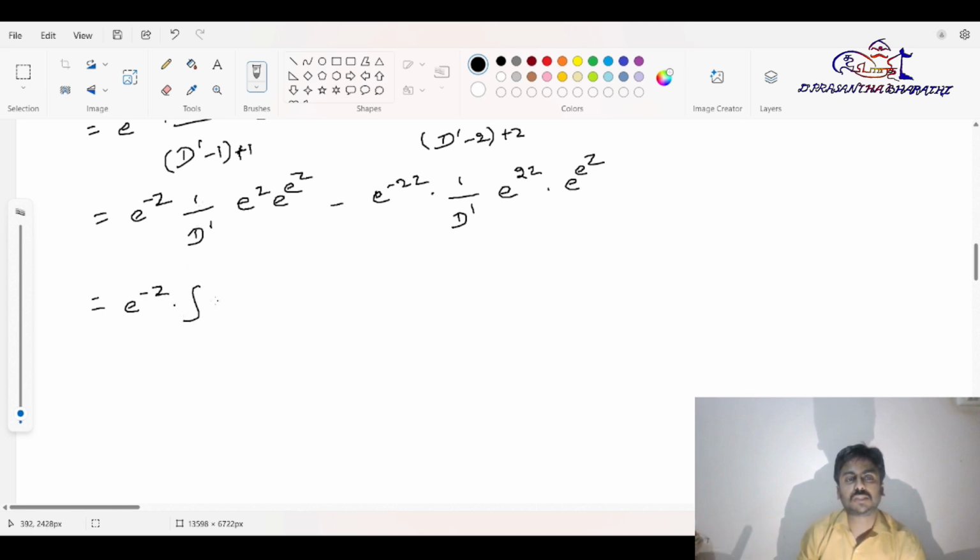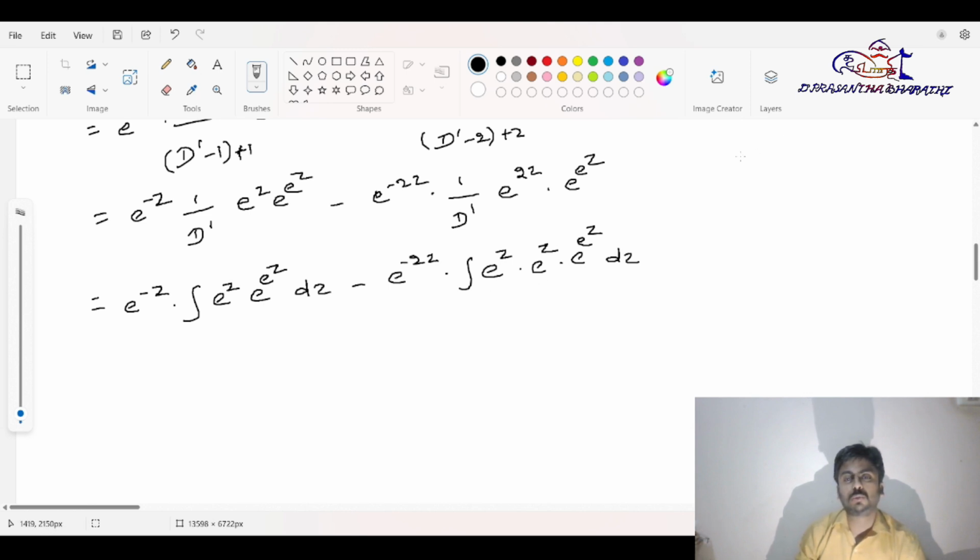That is 1 by d dash means integration with respect to z. So integration of e power z e power z dz, minus e power minus 2z into 1 by d dash means integral, e power 2z can be written as e power z into e power z, into dz.